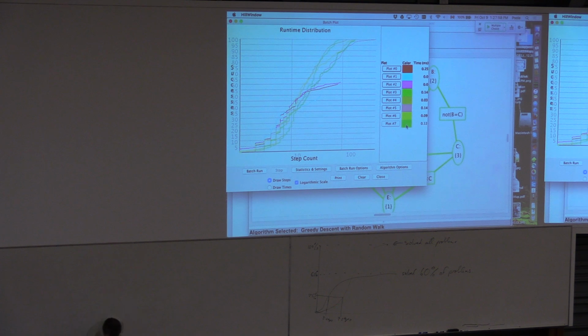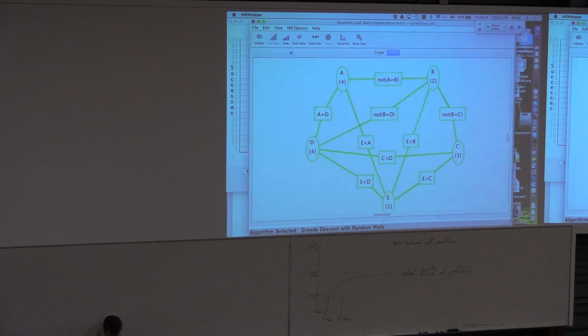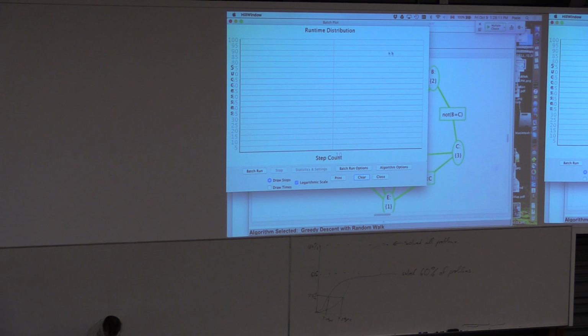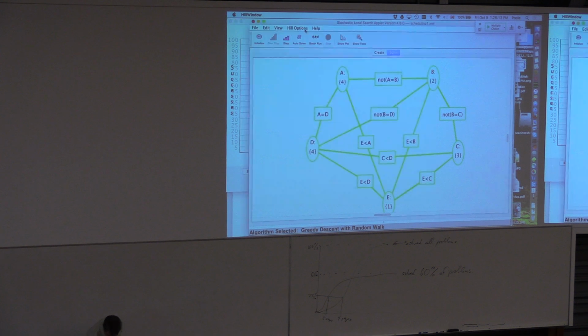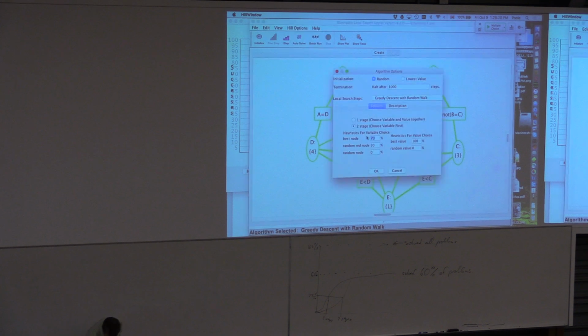Oh, actually let's clear it. Let's run these again. So let's do this again. Let's go back here. Oh no, algorithm options. We're going to choose the best node 100% of the time.